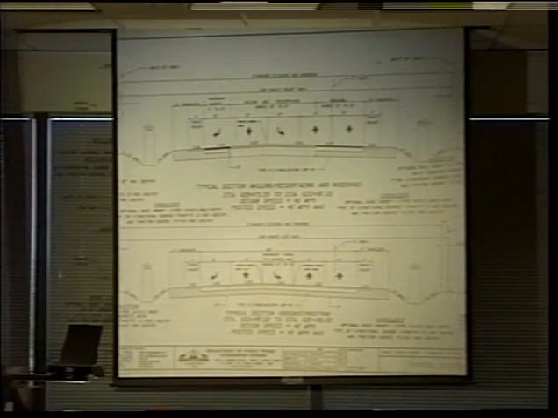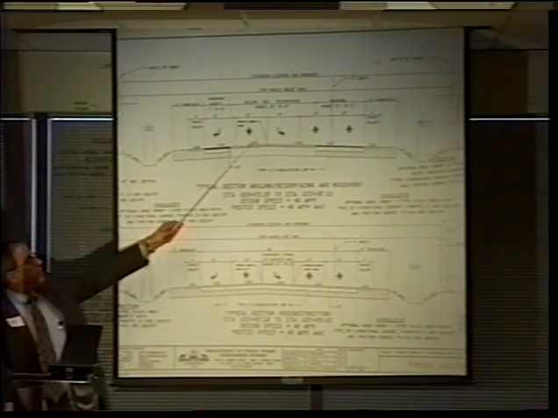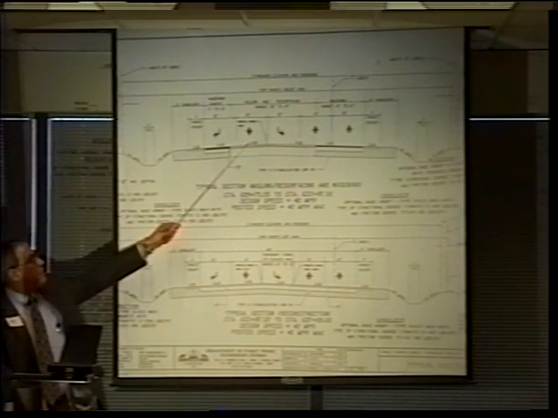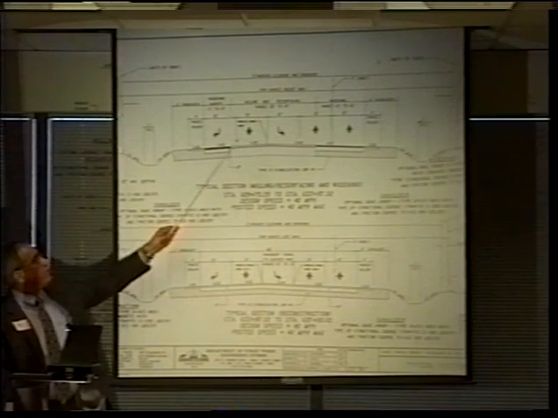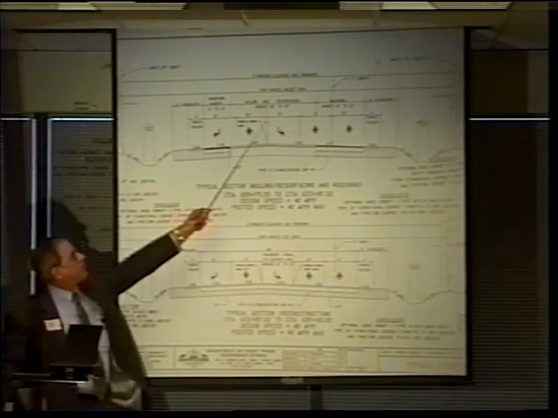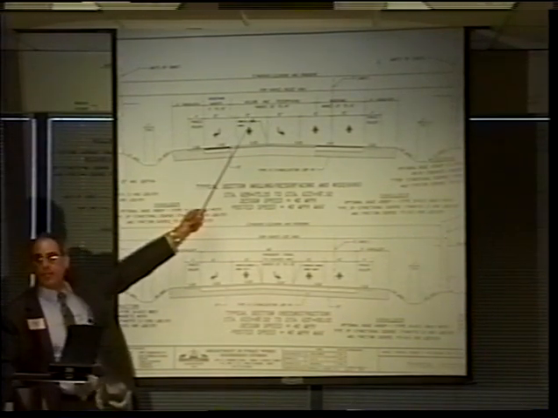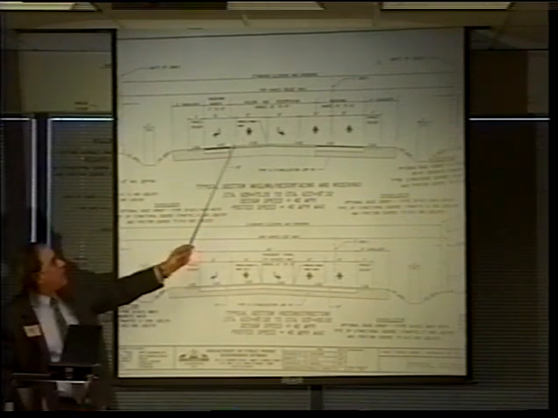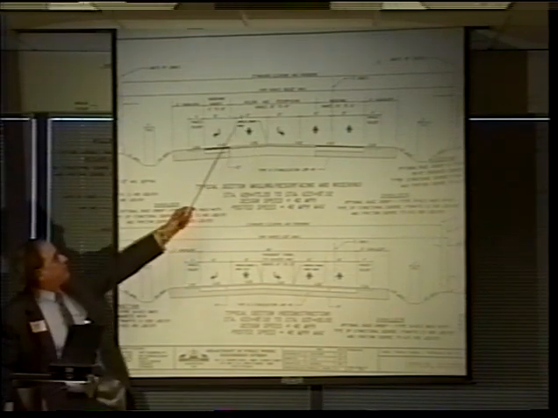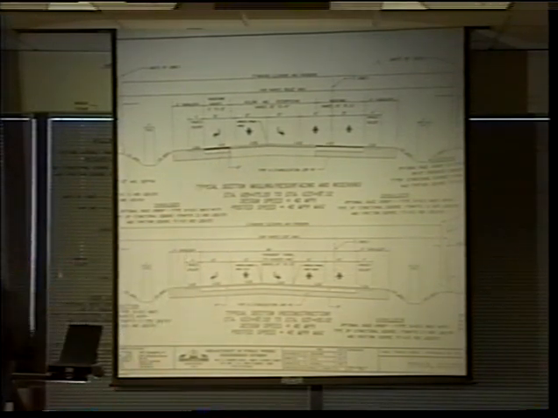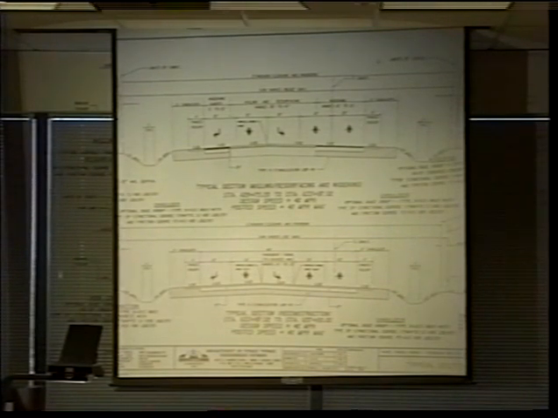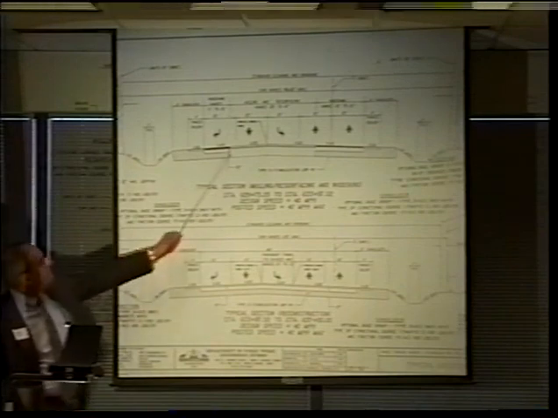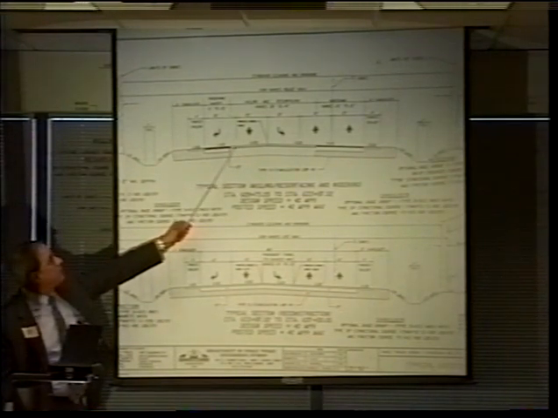We talked earlier about the pavement cross slope. It's 0.02 feet per foot. That's 0.02 feet of fall for every foot of width. So a 12-foot wide lane is going to drop 0.02 times 12, about 0.24 feet at the edge of this particular lane.